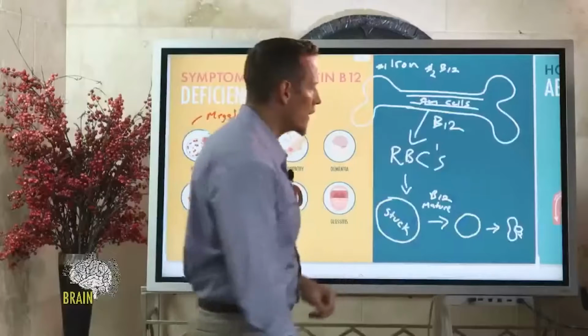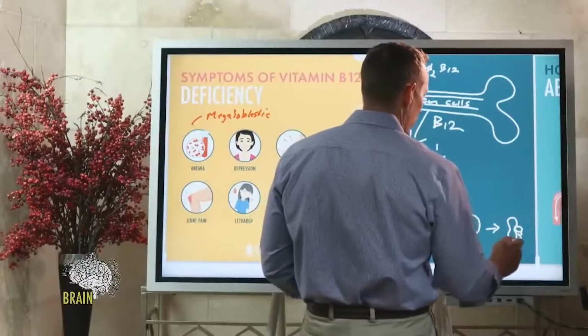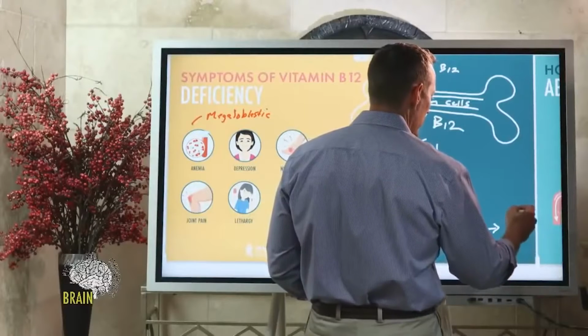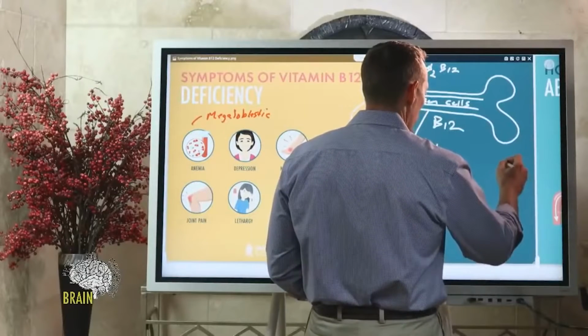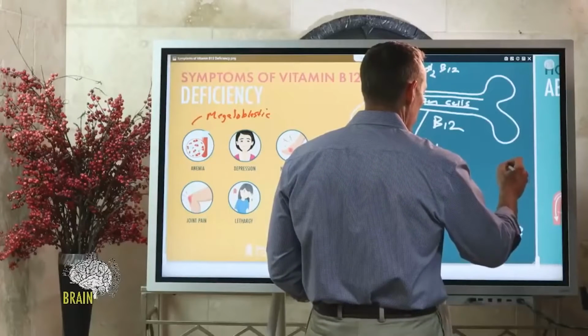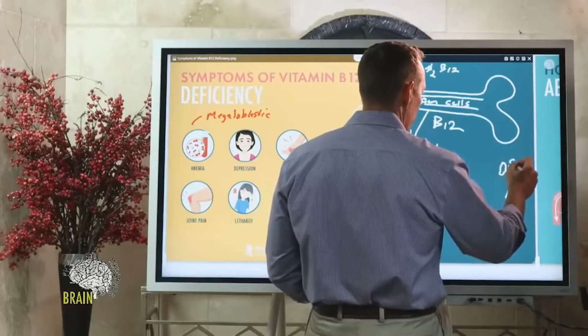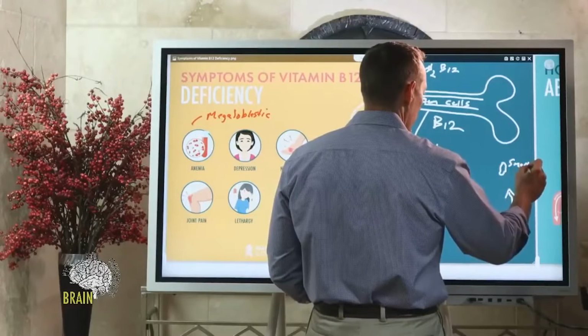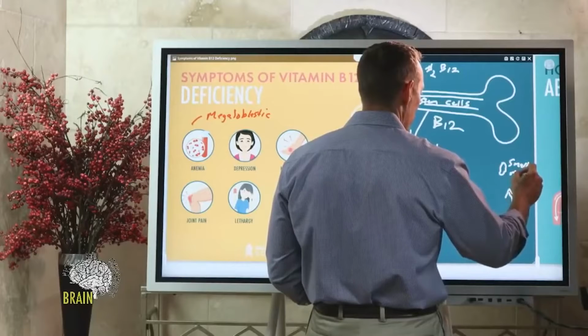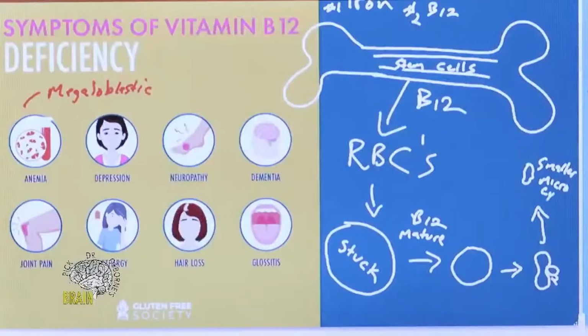An iron deficiency causes a small cell anemia. So if we kind of expand this out, this red blood cell is even smaller, okay? And we call that microcytic, hypochromic anemia, meaning it's a small and a pale red blood cell, and it doesn't carry oxygen very well either, but they look very, very different on blood tests.